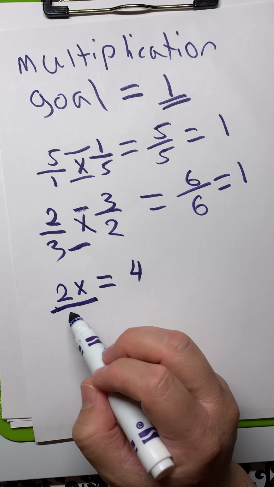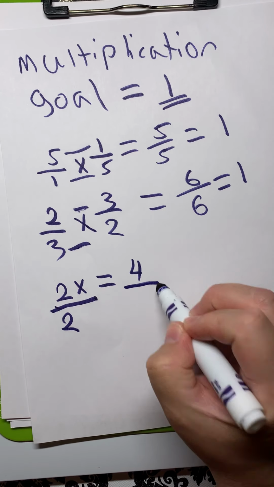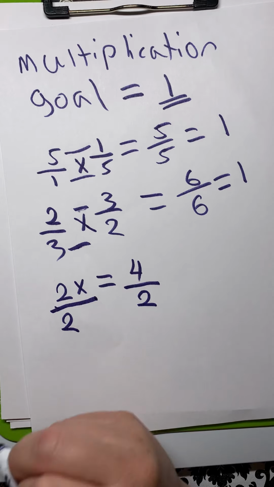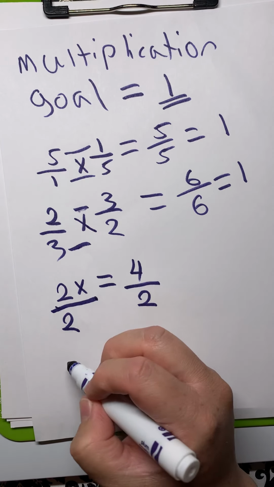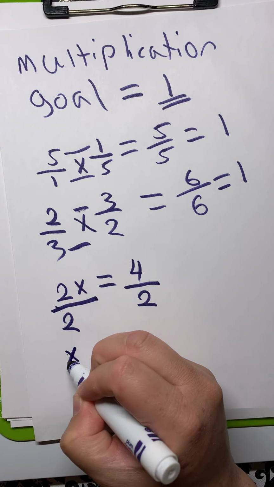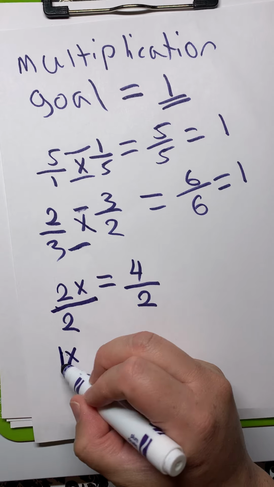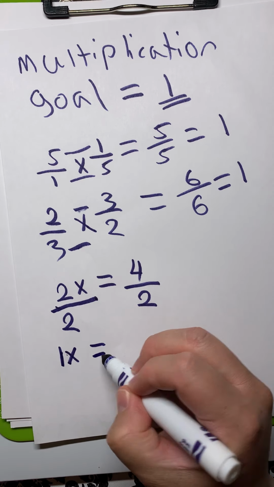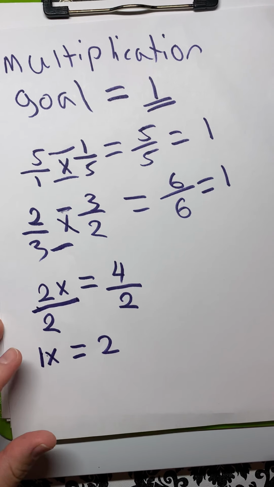That's just the division symbol. You're dividing by 2. Whatever you do to one side, you always do to the other side of the equation. So here you have 2 divided by 2, which just equals 1. So I'm going to just keep x, just to emphasize that it's 1x equals 2. There's your answer right there. Say we did another one.